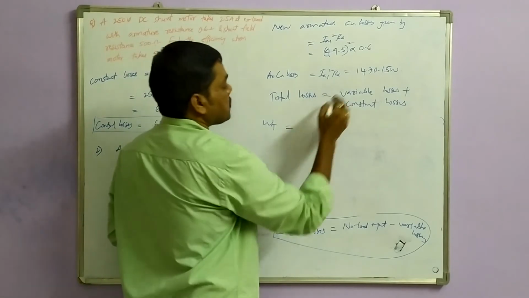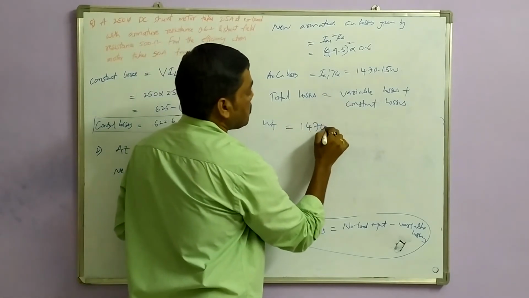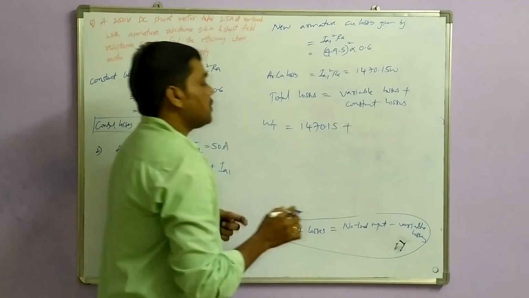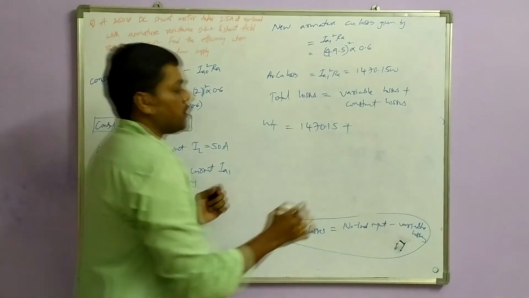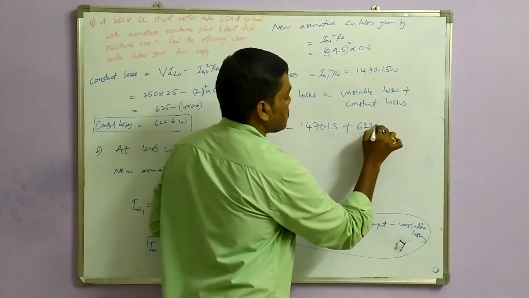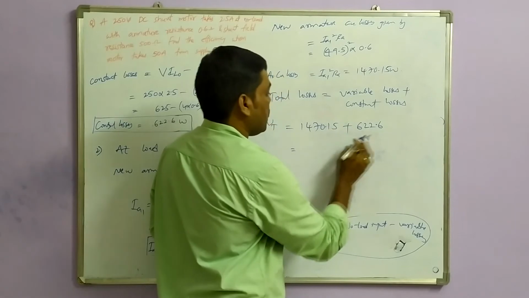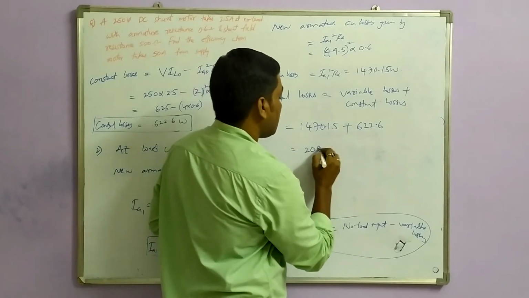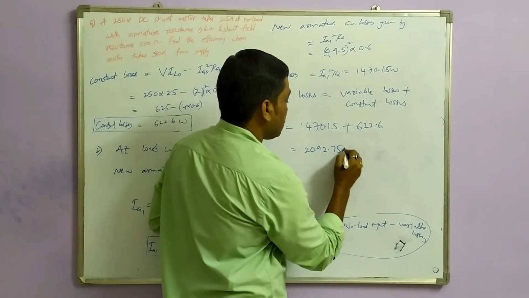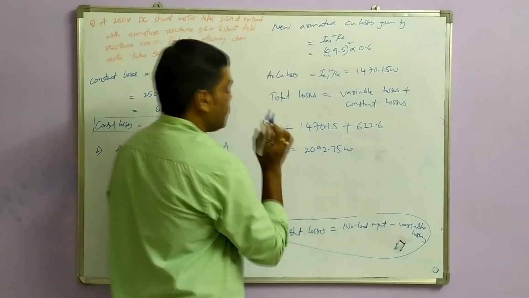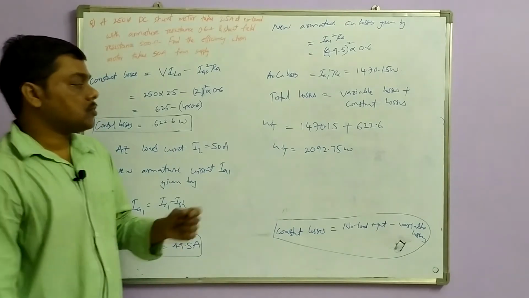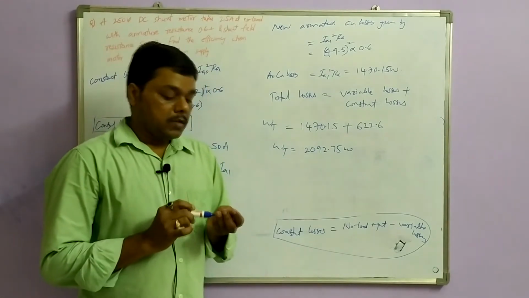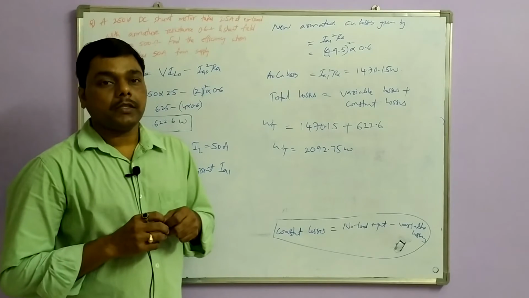Now variable losses are 1470.15 plus constant losses are 622.6. Now if you add these two, 2092.75 watts, this will be the total losses, almost 2100 watts the total losses.